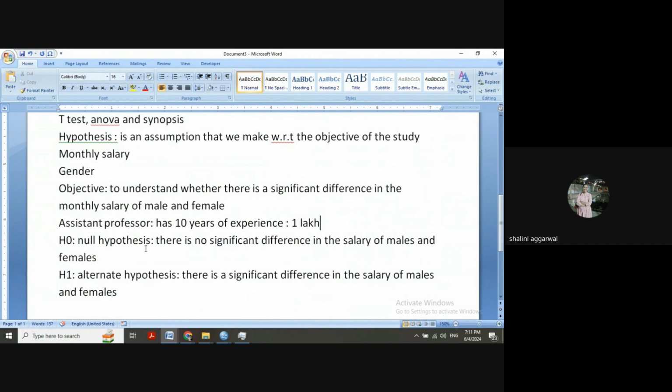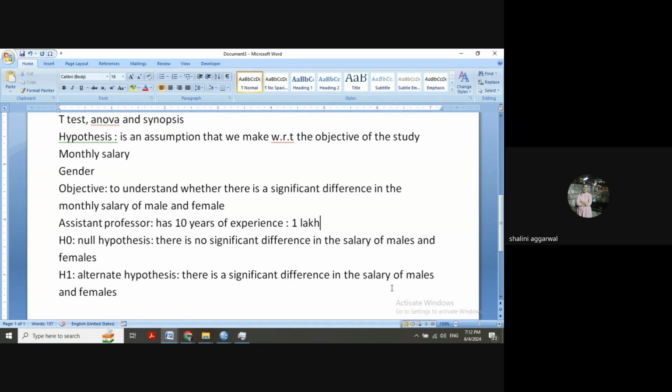For this, you have to understand that you have to have 2 hypotheses. One is denoted as the null hypothesis, where you always say there is no significant difference in the salary of males and females. And what is the alternate hypothesis? This is denoted by H1.